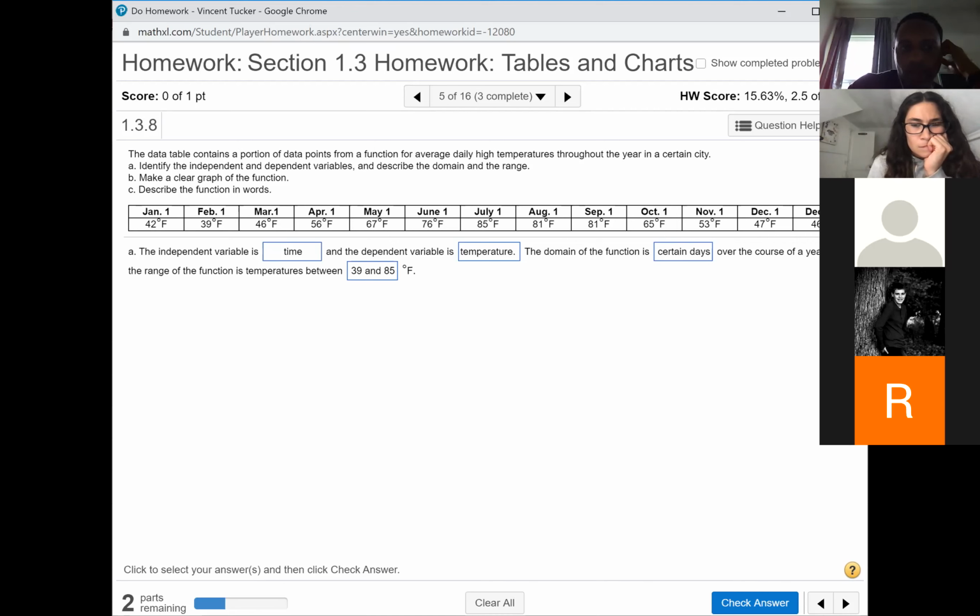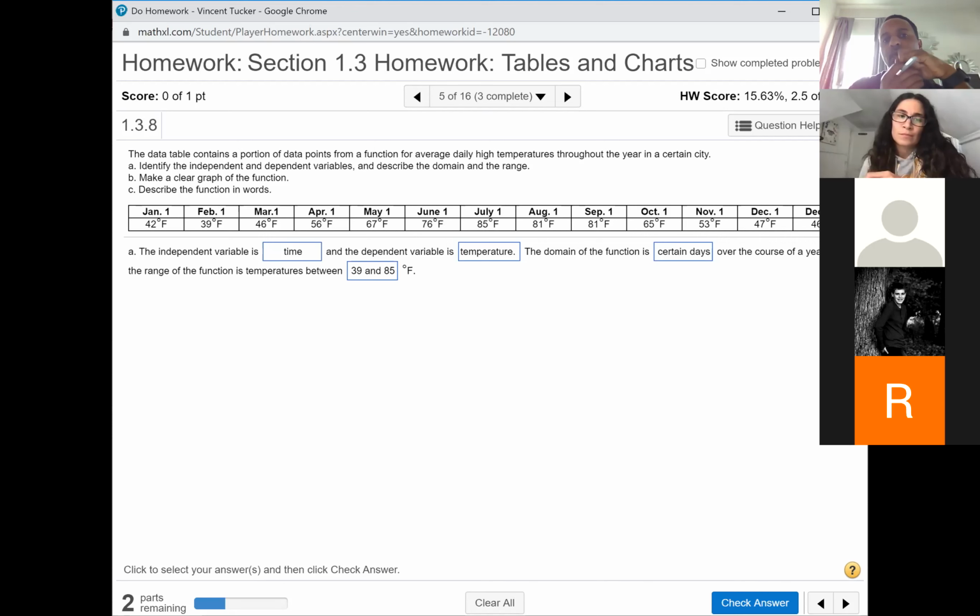And then the range of temperatures is going to be the smallest value, which is 39 degrees, to your largest value, which is 85 degrees in July. Coldest day was February 1st, which was 39. And then hottest day was July. So that's the type of stuff that you'll be doing in this section.